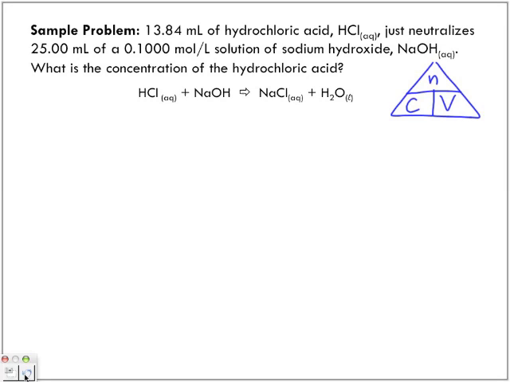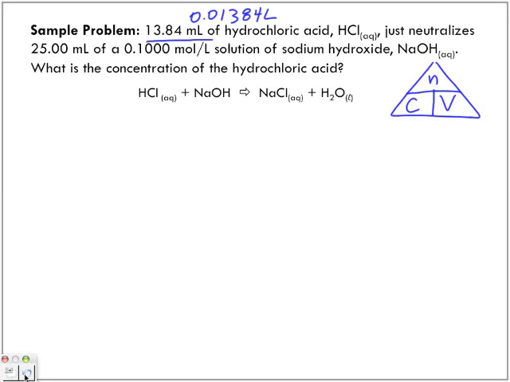From the information that we have, we have 13.84 milliliters of the hydrochloric acid. Remember, anytime we have milliliters, we want to change it to liters. So 0.01384 liters.